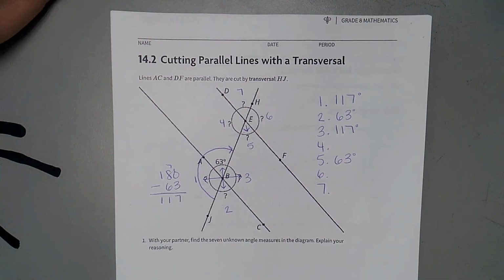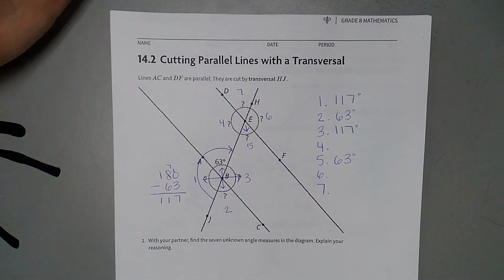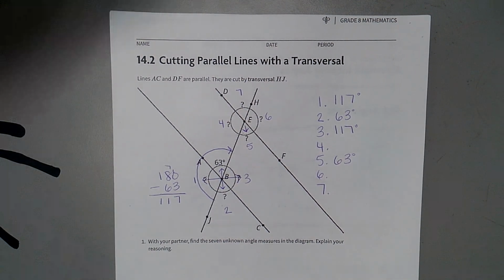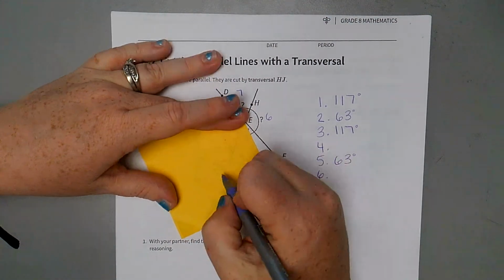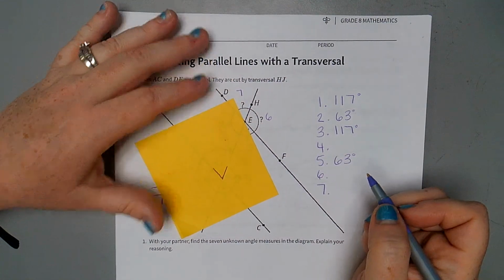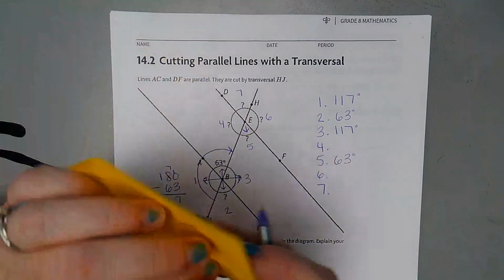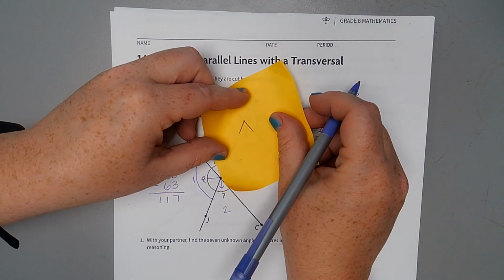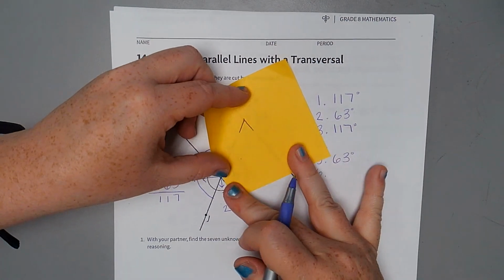If we were to cut them out, we would see that they would match up. If we were to use patty paper, we'd see that they're the same. Can we see it over this? We can. So here is this angle. We are going to turn it so it matches up with the vertex, and those are equal.